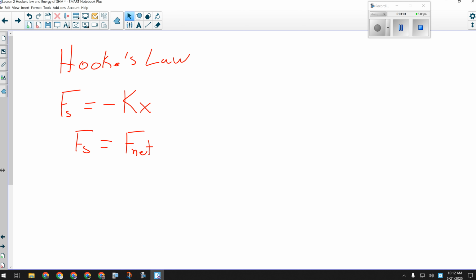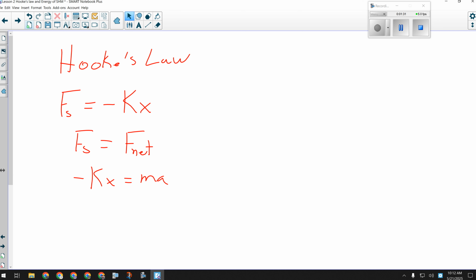A question where that's the case might ask you for the acceleration of the object at a certain position, or give you the acceleration of the object at a certain position and ask you what the spring constant would be. Essentially, it looks like this. For something oscillating with simple harmonic motion in an isolated system, the restoring force is the net force, and they would be set equal to each other.